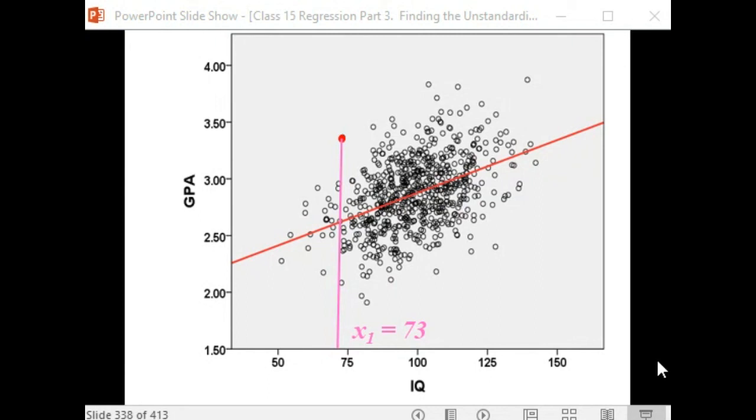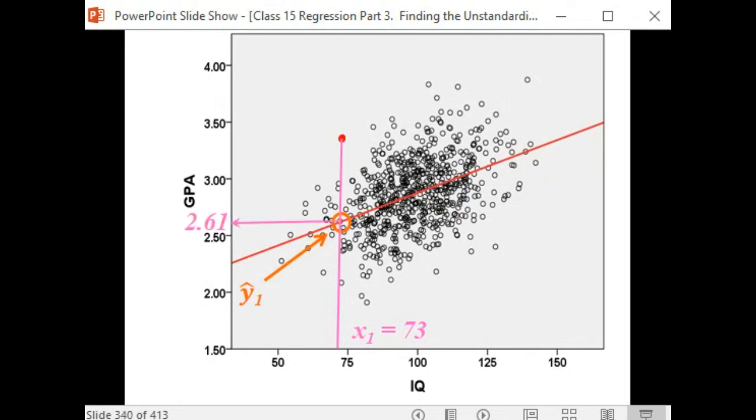Now ask yourself, how intelligent is individual 1? Well, remember, average intelligence is 100. So this individual is quite a bit below average. The circle is the prediction point for people with an IQ of 73.